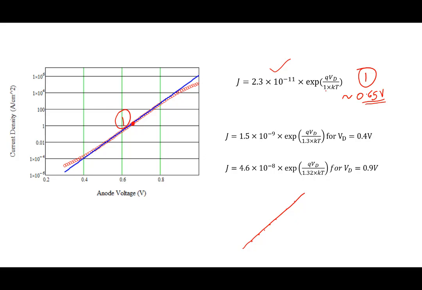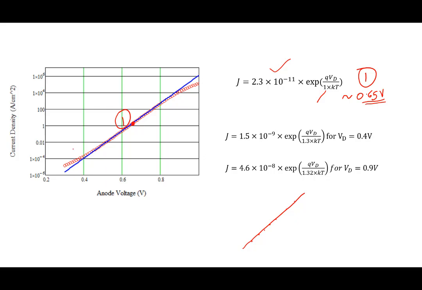The ideality factor was coming out to be 1.00 something, so I put 1 here. So there is a region where it behaves like an ideal diode, ideal in the sense that the ideality factor is 1. This is around 0.6, 0.65. You might have taken it as different.